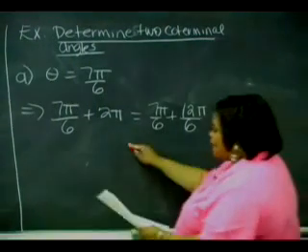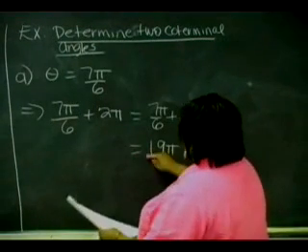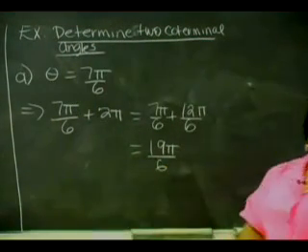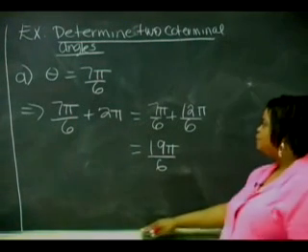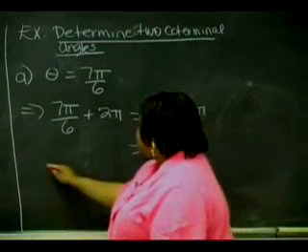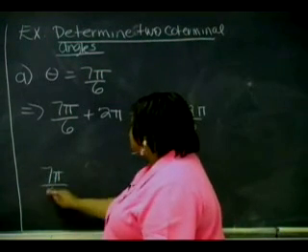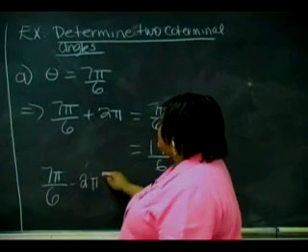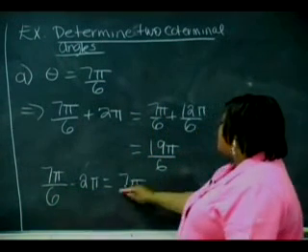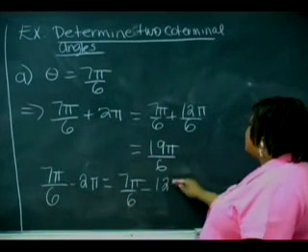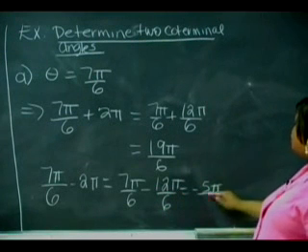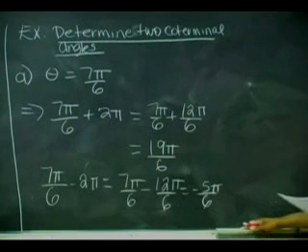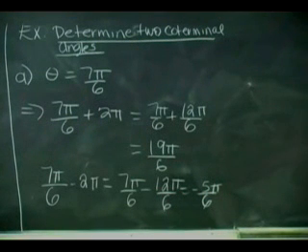So I can add all this stuff and get 19 pi over 6, okay? That's one coterminal angle. Another coterminal angle we can get by subtracting 2 pi. 7 pi over 6 minus 12 pi over 6 will give me negative 5 pi over 6. Okay? So that's simple enough.